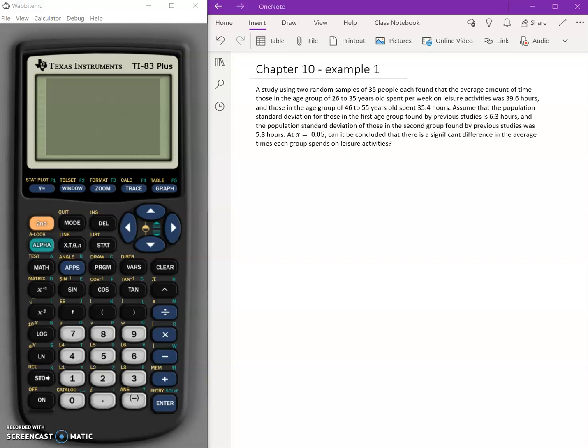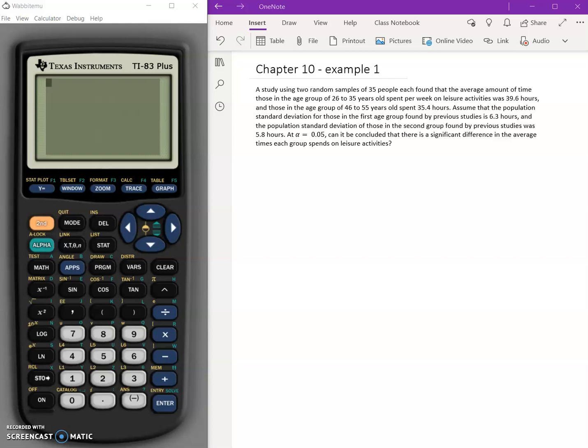Assume that the population standard deviation for those in the first age group found by previous studies is 6.3 hours, and the population standard deviation of those in the second group found by previous studies was 5.8 hours. At alpha equals 0.05, can it be concluded that there is a significant difference in the average times each group spends on leisure activities?